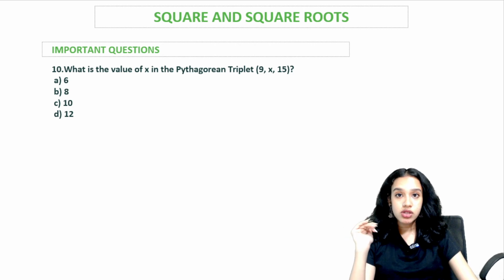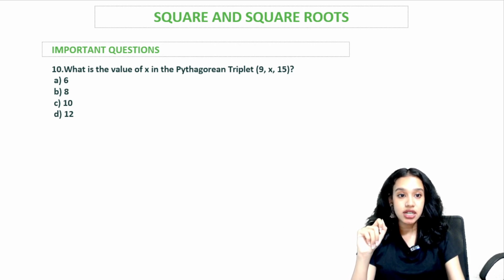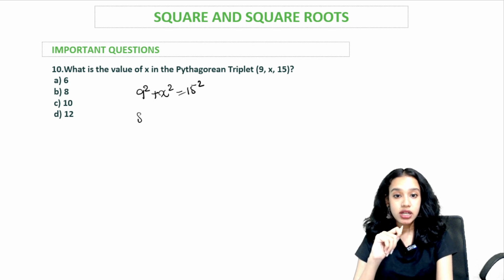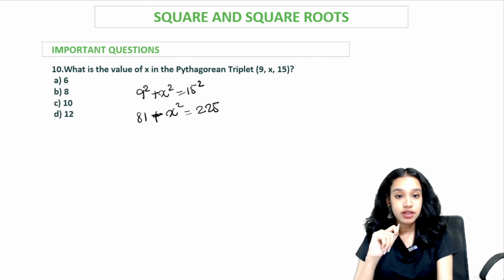Now let's move on to the next question. What is the value of x in the Pythagorean triplet 9, x and 15? This means that 9 square plus x square is equal to 15 square, right? So 9 square is 81, plus x square, is equal to 15 square, which is 225. Now x square is equal to 225 minus 81.